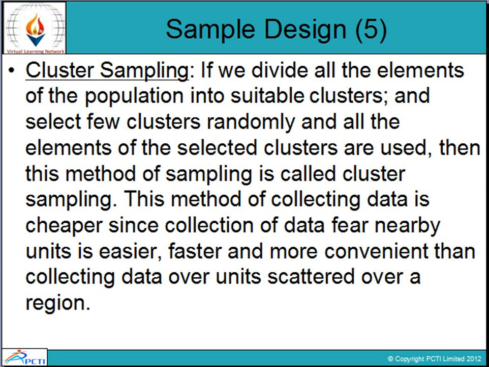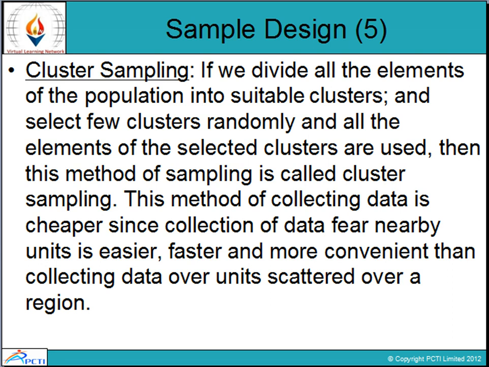When we talk about cluster sampling, here all the elements of the population are divided into suitable clusters, and only a few clusters are randomly selected, and all the elements of these selected clusters are then used, and this is referred to as cluster sampling.